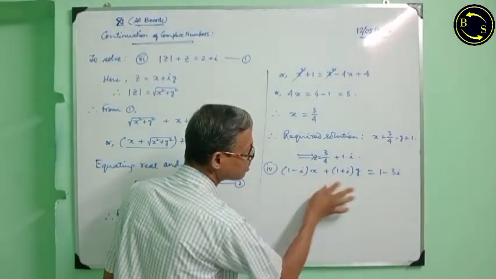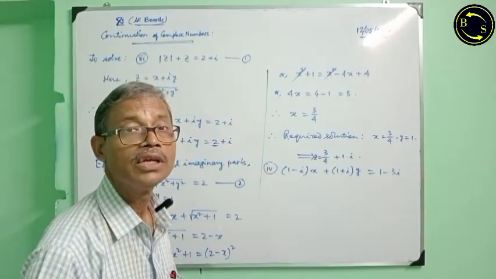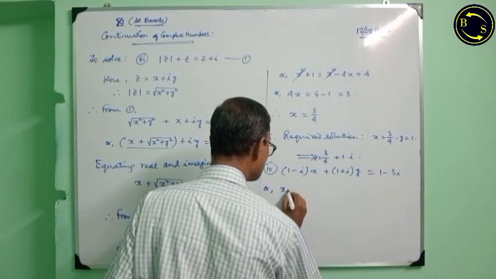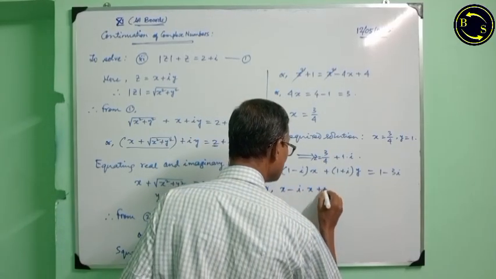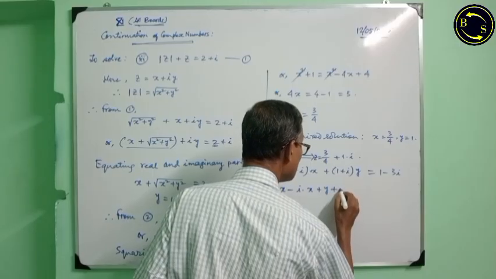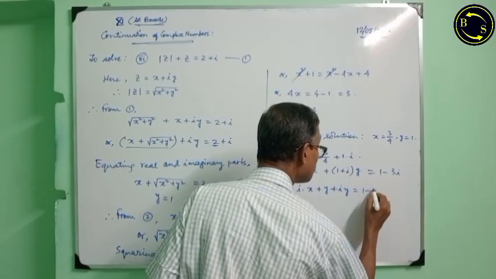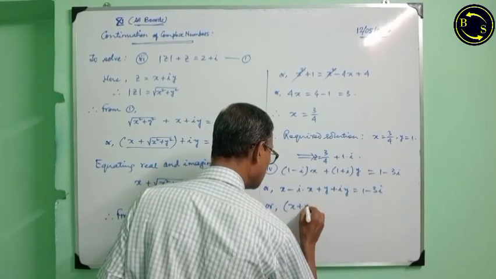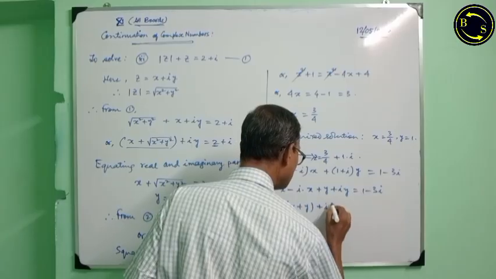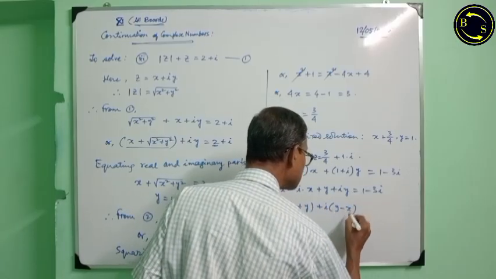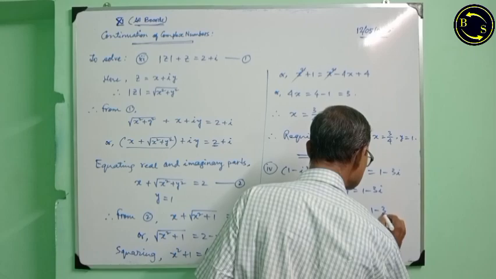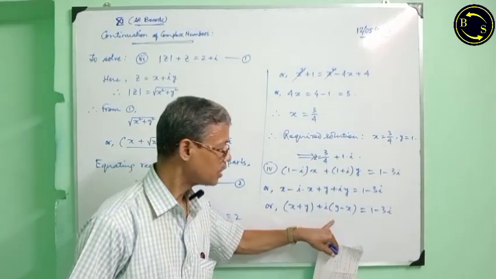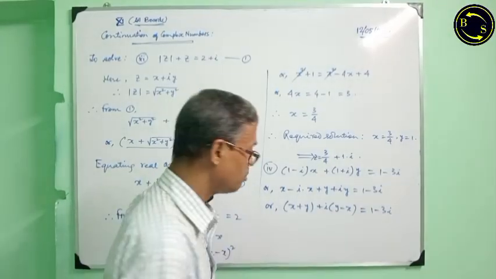Now we express this left hand side in the standard form, in the general form: x minus ix plus y plus iy is equal to 1 minus 3i, or x plus y plus i into (y minus x) is equal to 1 minus 3i. Express the left hand side in the form of a plus ib, right hand side also a plus ib.